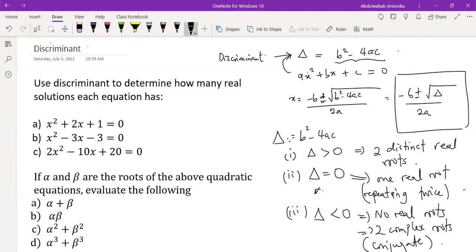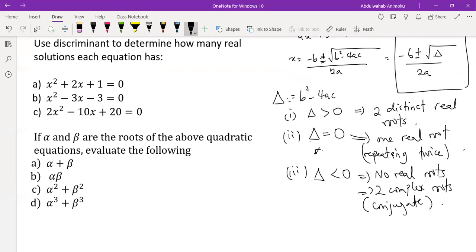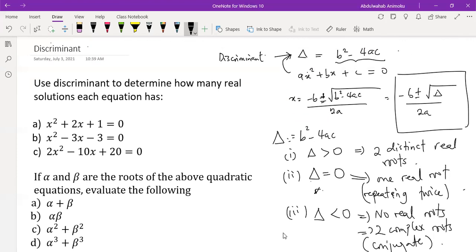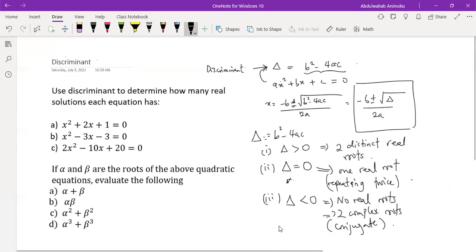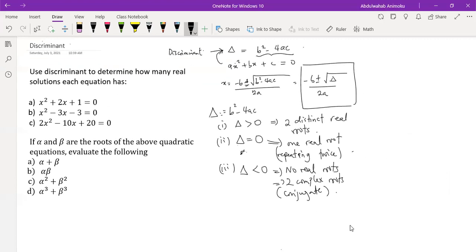And how do we come about these conditions? This literally comes from the solutions of the quadratic equation. When you look at the roots of this quadratic equation, the general formula, we have the square root of this discriminant.